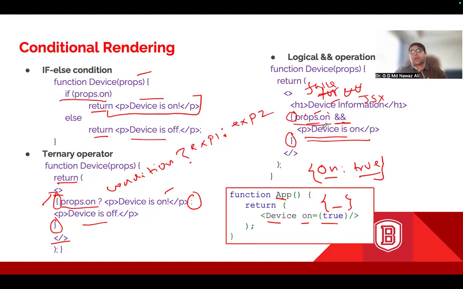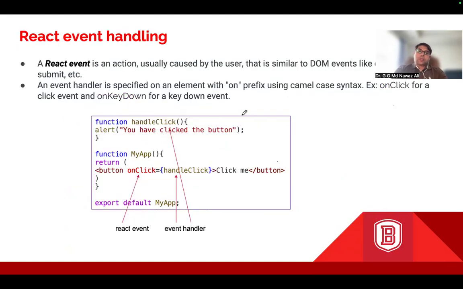So that's the logical and operation for conditional returning: if your condition is true, it returns; if not, it returns nothing. What is returned is whatever is on the right side of the logical and operation. That's also very handy. You will see more often that we use the ternary operation and this one to do conditional rendering a lot.